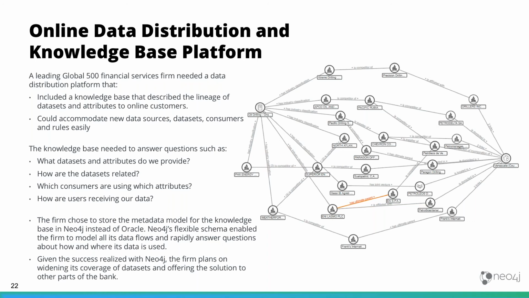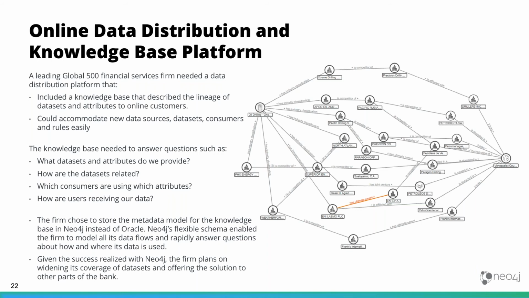So this financial services firm uses this graph internally for their own analysts, as well as sells this data to the outside world as a data set that they can use to complement their own data across these companies.